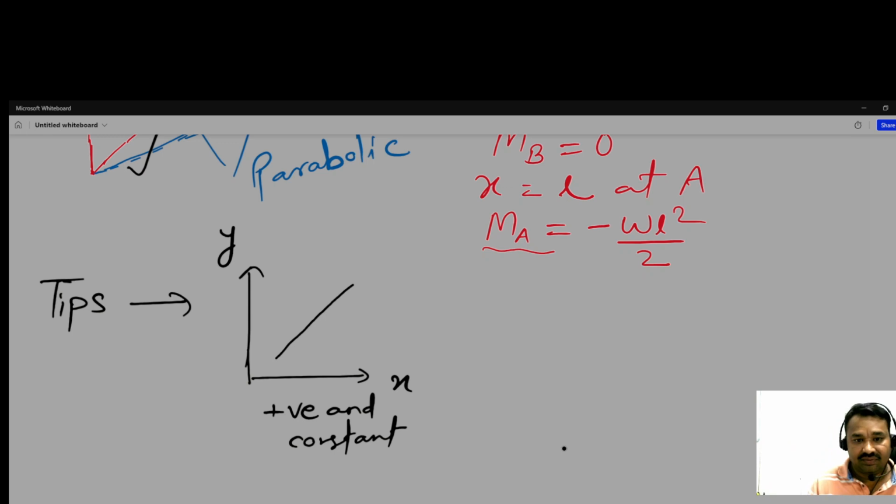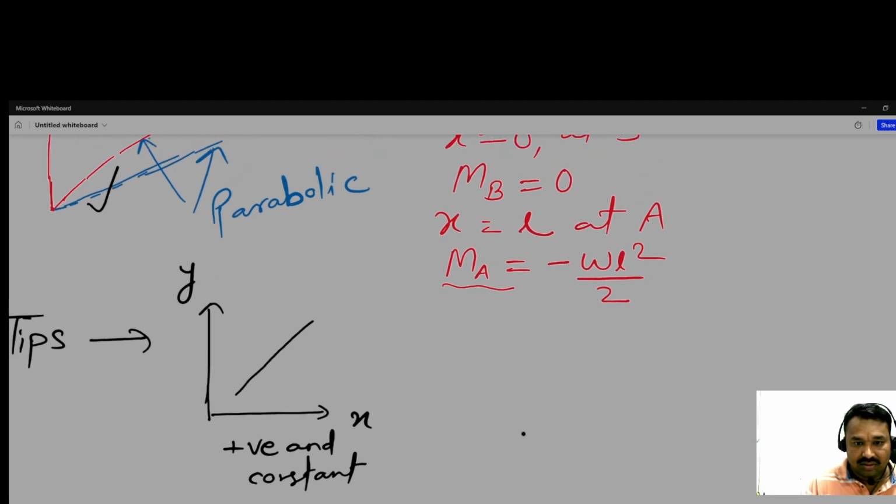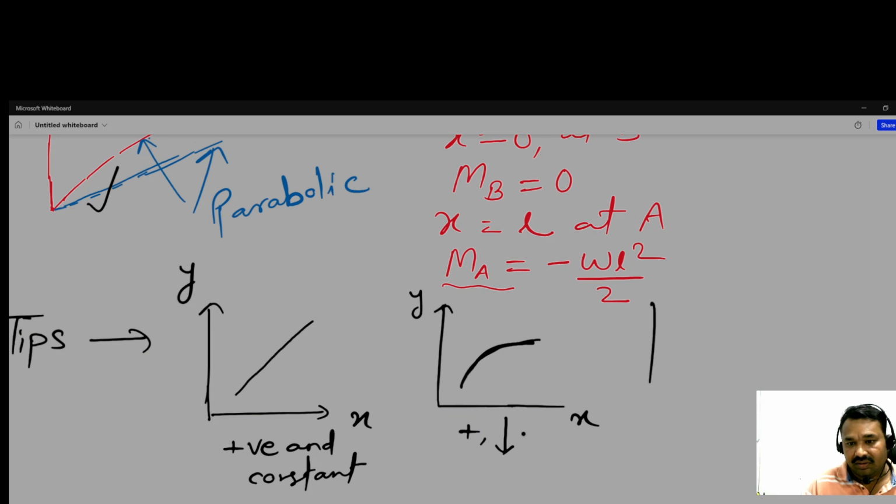So this we follow. And coming to this, same here, y, x, and positive, and the magnitude is decreasing. So this kind of curve. Here, y and x, and magnitude of what? The shear force.